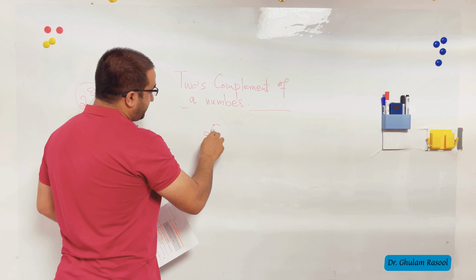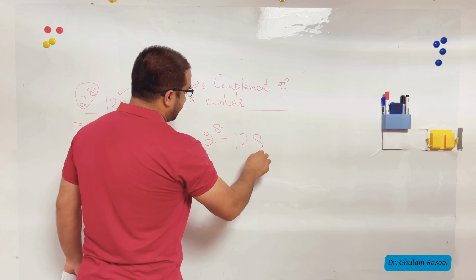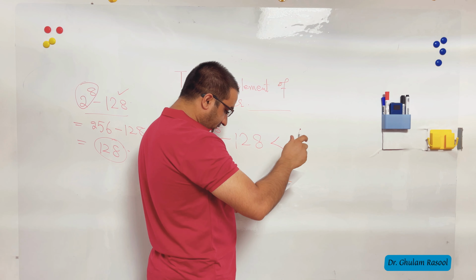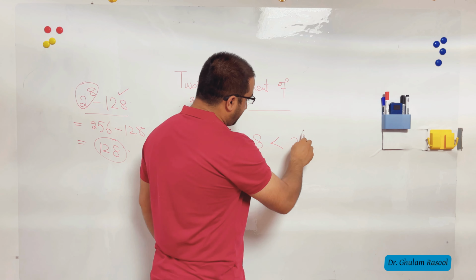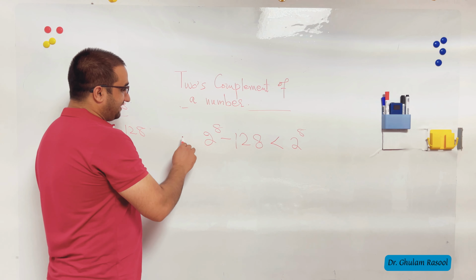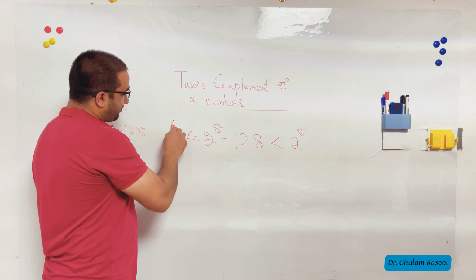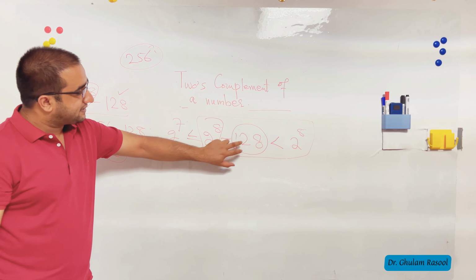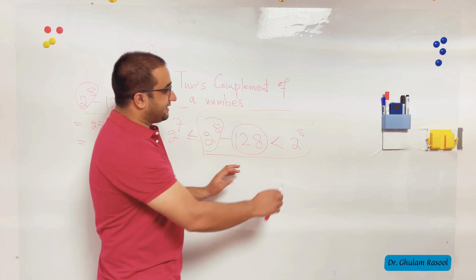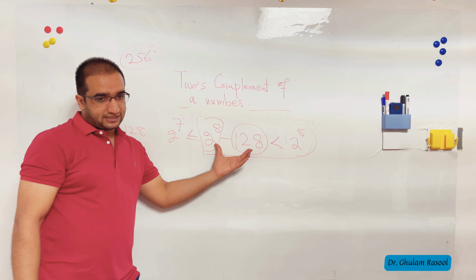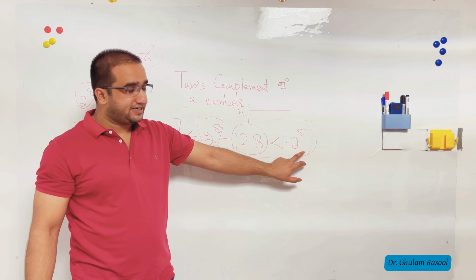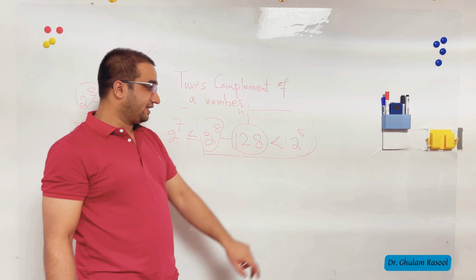So this number, 2 raised to the power 8 minus 128, is less than 2 raised to the power 8, and it is greater than or equal to 2 raised to the power 7. Something minus 128 is strictly less than this number. So whatever this number n will be, the result will again remain less than 2 raised to the power 8.